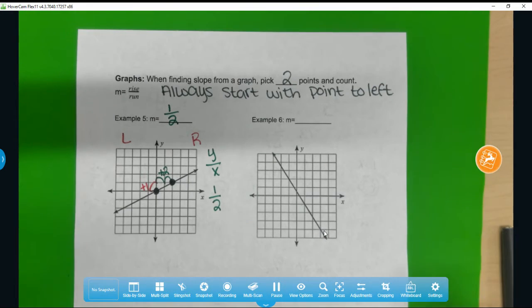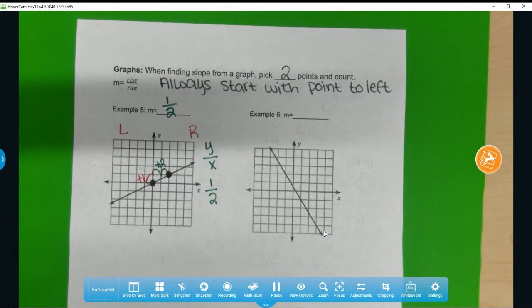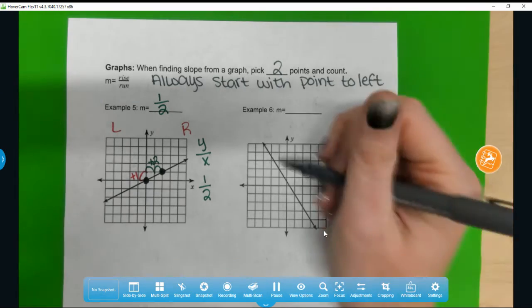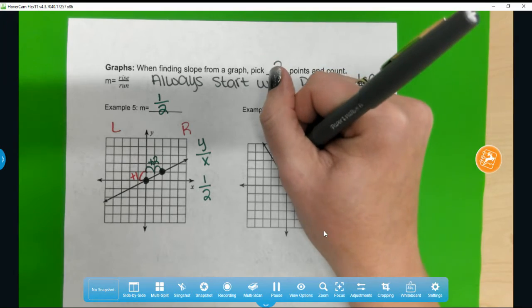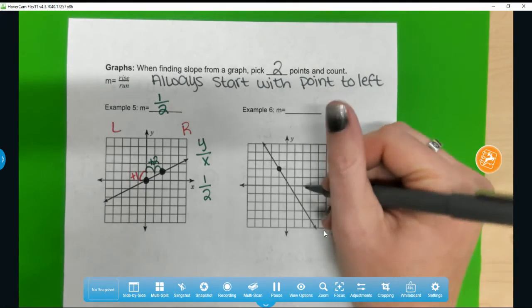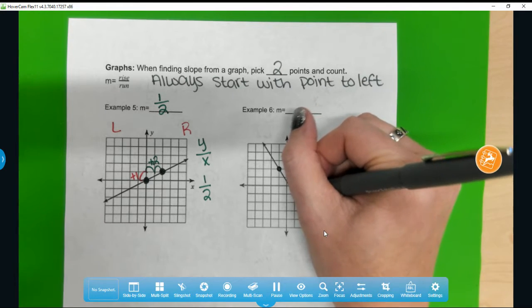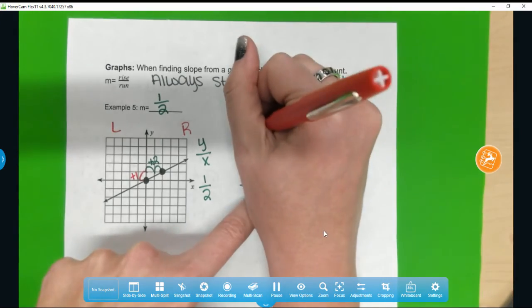Okay. When you're picking points, you want to make sure you pick points that are going to be whole numbers. You don't want something in between. So, for example, we don't want to pick this point. We want to pick something that crosses exactly. So like you wouldn't want to pick the 2 because that doesn't cross exactly. So we're going to go ahead and pick those 2. I'm going to start with this one on the left.